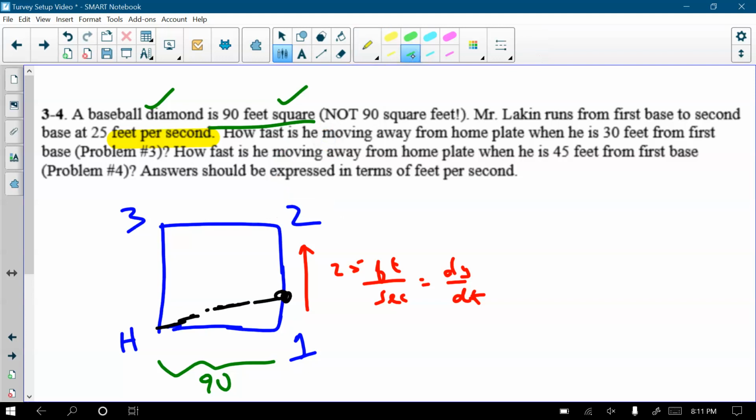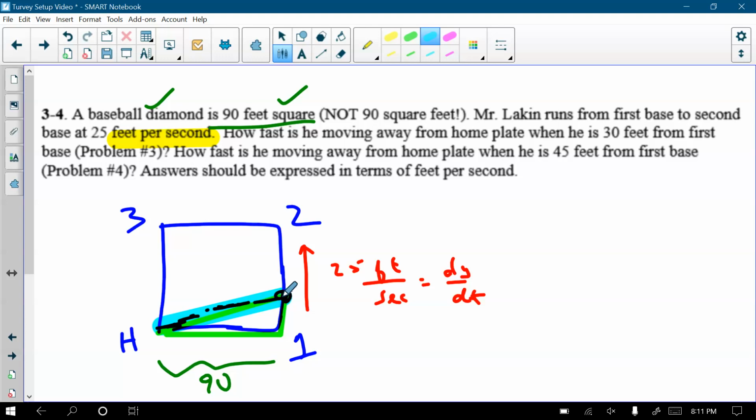I see this shape here. I see that and that. I see a triangle. What I'm interested in is how this value, this blue part, changes, because how fast is he moving away from home plate? This part is going to keep changing as I run to second base.